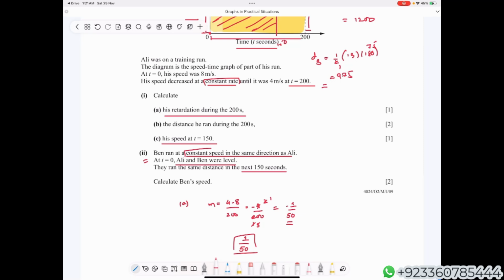You have been given that Ben runs at a constant speed. That means we can apply the formula speed is equals to distance over time. We just calculated the distance, which is 975. Okay, so speed is equals to 975 divided by 150. From here, the speed is going to be 6.5. I hope this is clear.